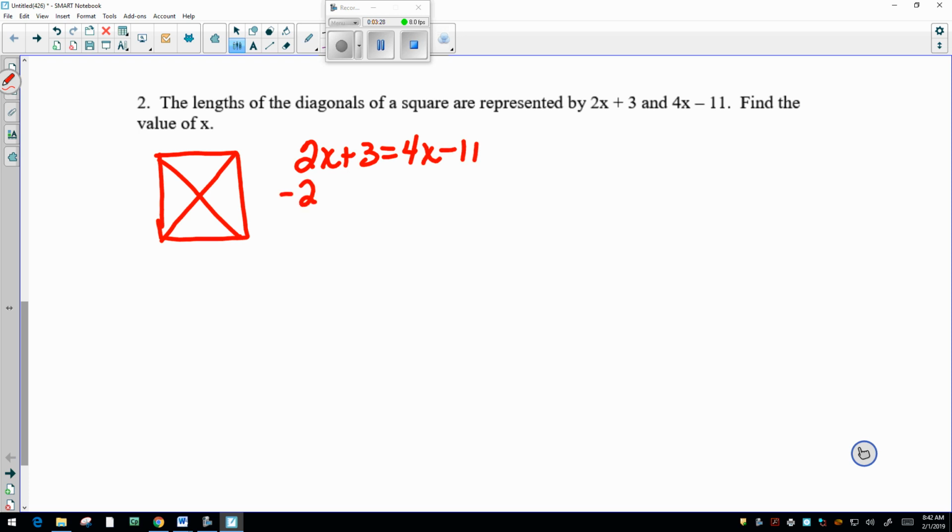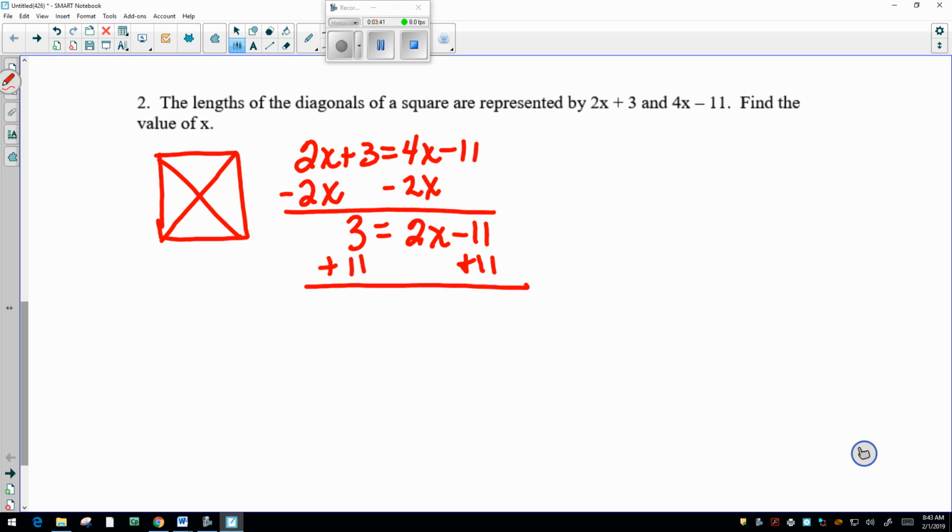I could subtract over the 2x. This leaves me with 3 is equal to 2x minus 11. I could add over the 11 on each side. And this is going to show me I have 14 is equal to 2x. And so therefore dividing by 2, I can find x is equal to 7.